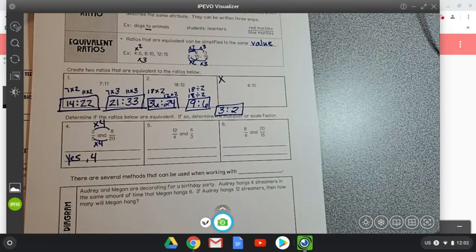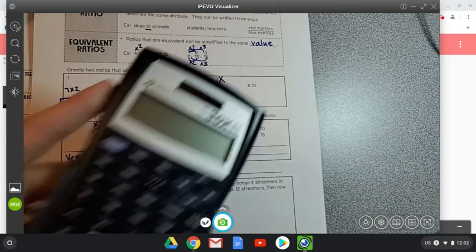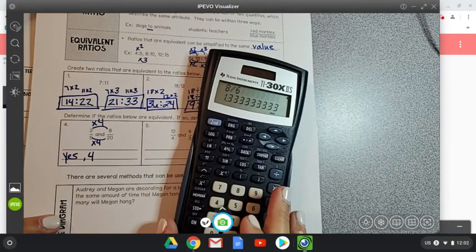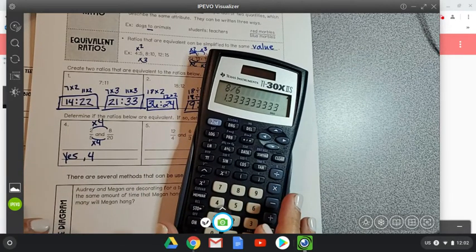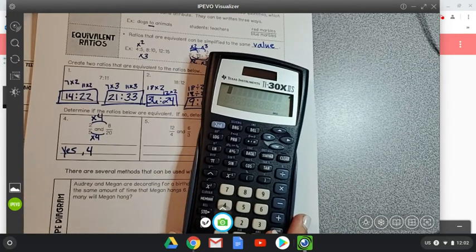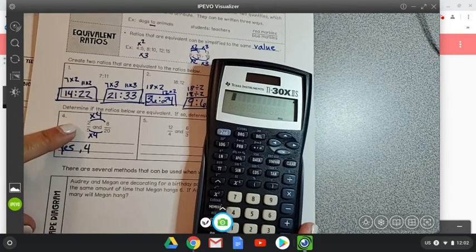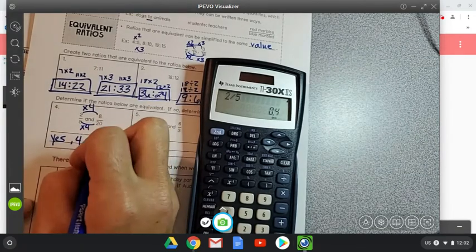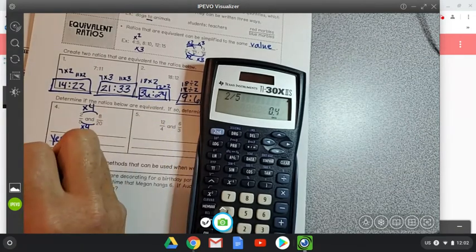Okay. Another way to do this is to use your calculator. We know that fraction means divide. Let me clear this out. If I take my calculator and punch in 2 divided by 5, it gives me 0.4. So 2 divided by 5 is 0.4.